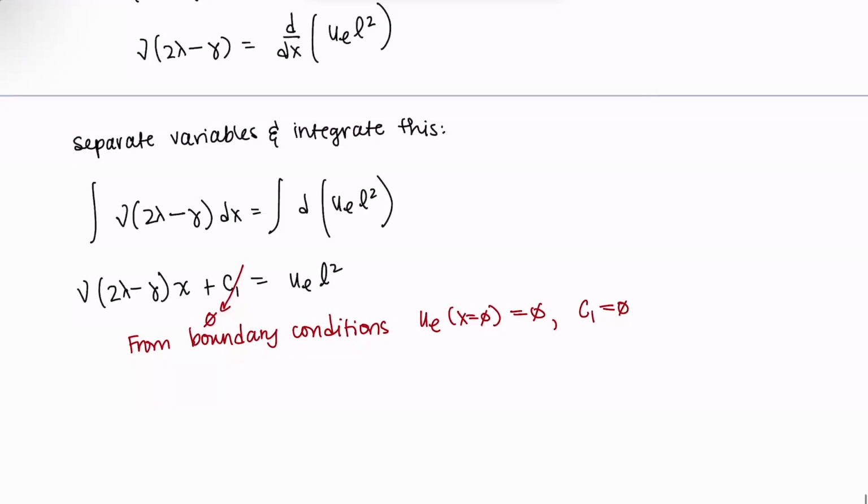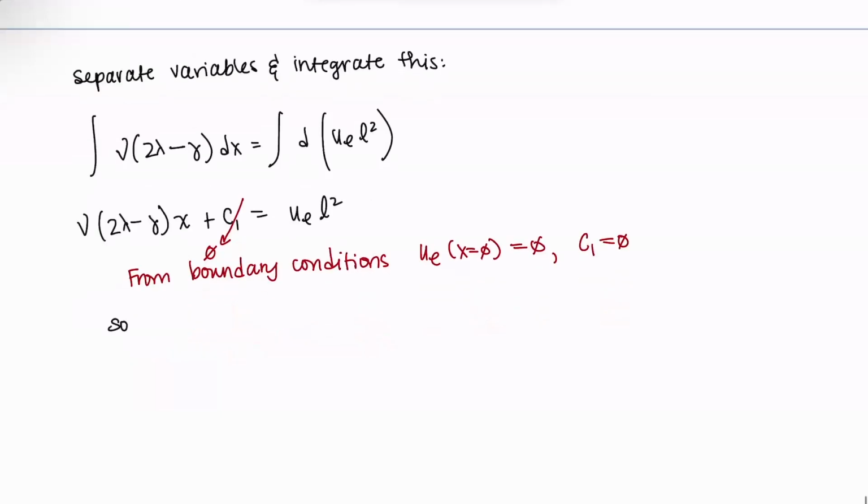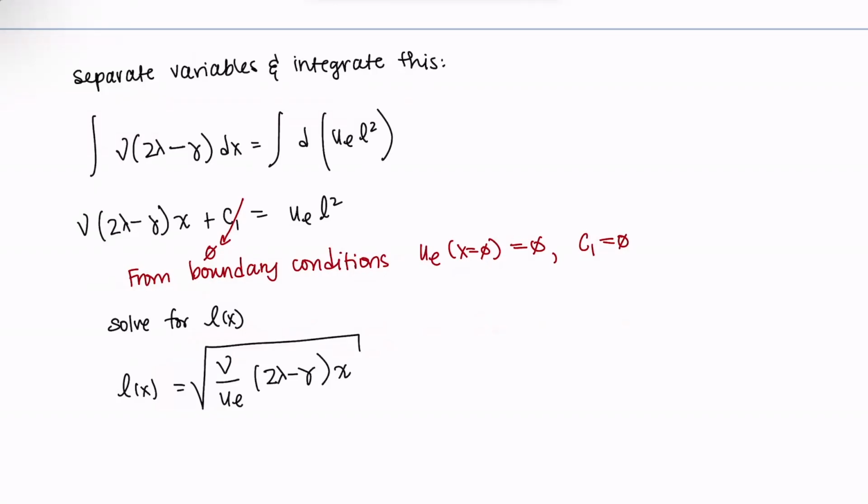So we can solve this for L of x. So L of x is equal to nu over UE, 2 lambda minus gamma times x, and this whole thing square root.